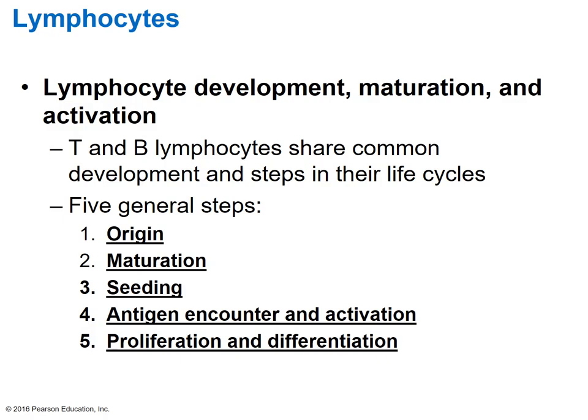Now in terms of the lymphocytes, at the very beginning of development, B and T cells share a common part, and then later it changes. So the 5 general steps are the origin, maturation, seeding, antigen encounter, and activation, proliferation, differentiation.